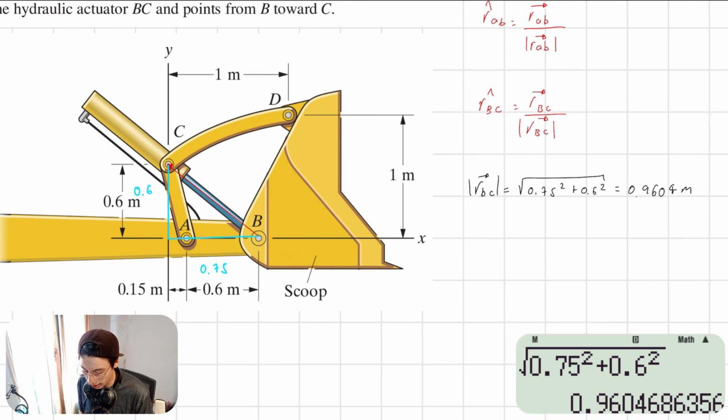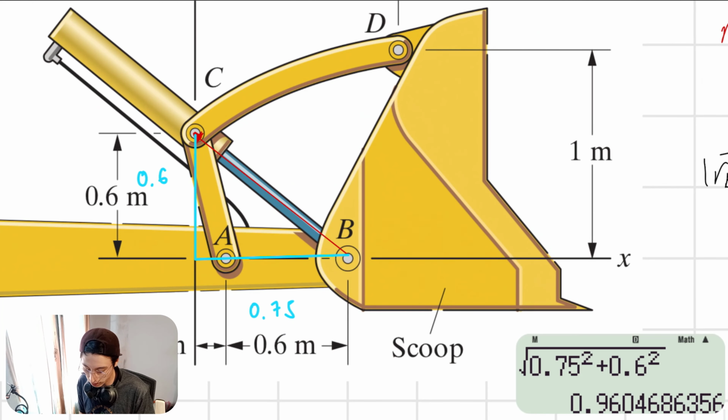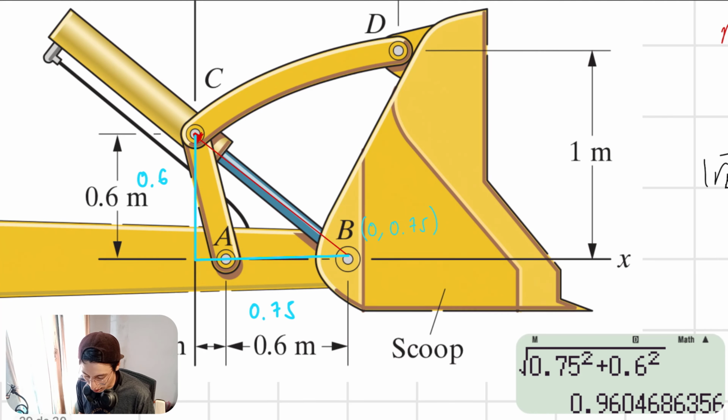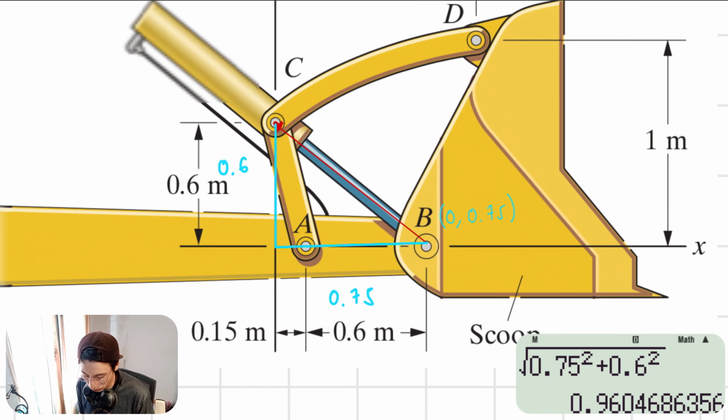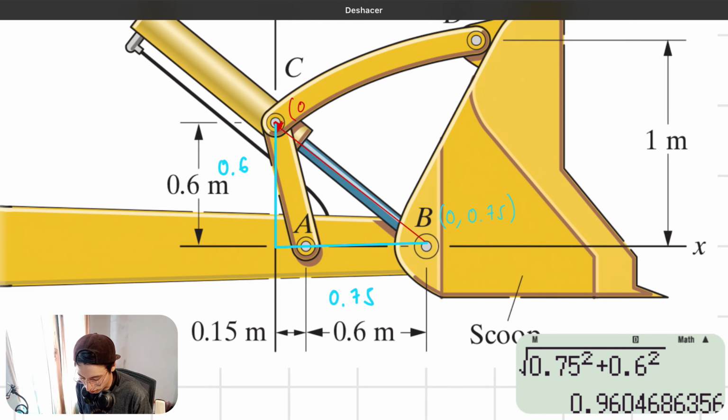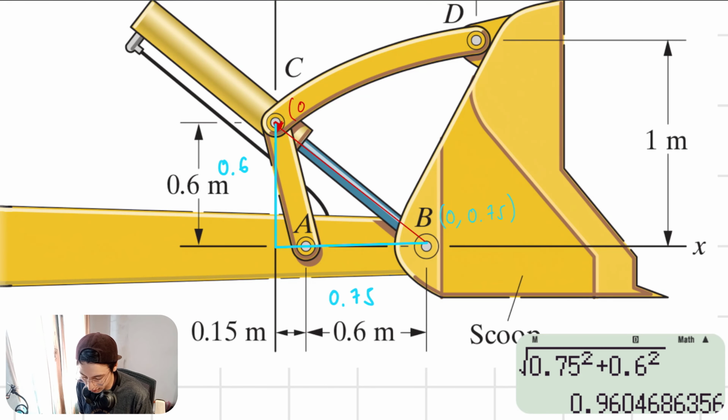Now, the 2D coordinates for point B are 0 for x, comma, 0.75 for y. And doing the same thing for point C, it is going to be 0 for x, and for y it is equal to 0.6.